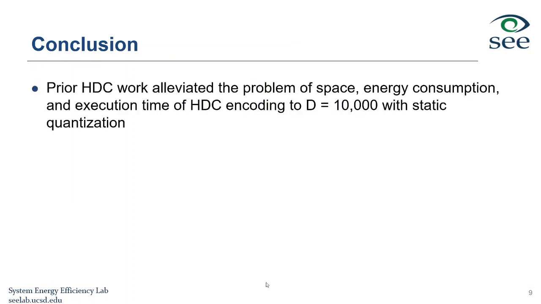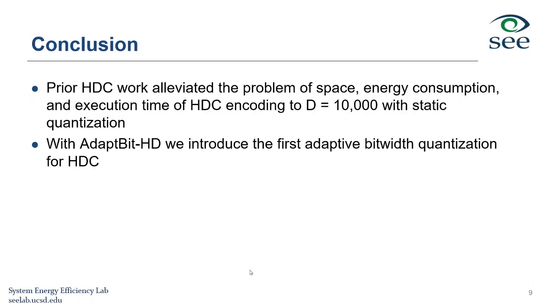So, in conclusion, prior HDC work alleviated the problem of space, energy consumption, and execution time of HDC encoding to 10,000 dimensions with static quantization. With AdaptBit HD, we introduced the first adaptive bit width quantization for HDC.